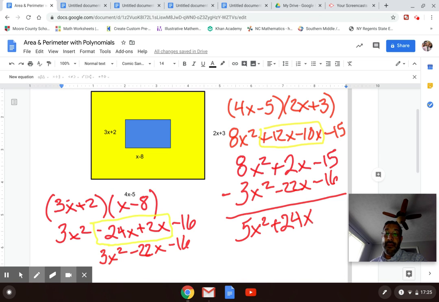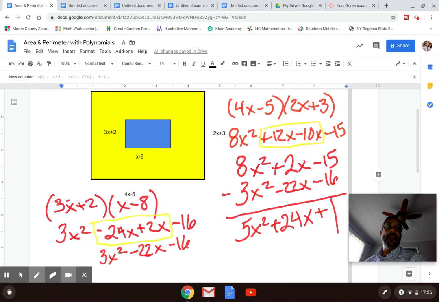And then negative 15 minus a negative 16, two negatives make a positive, so that becomes negative 15 plus 16. It gives me plus 1. So to answer the question about what is the area of the yellow region, it's going to be 5x squared plus 24x plus 1.